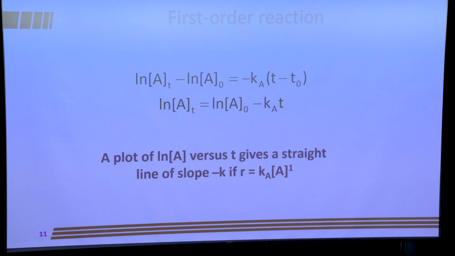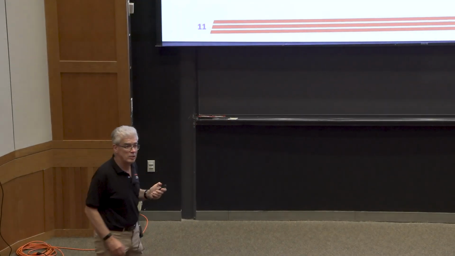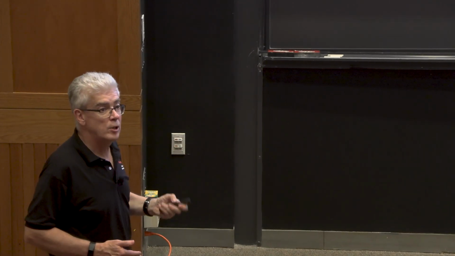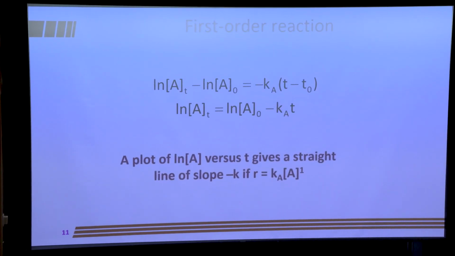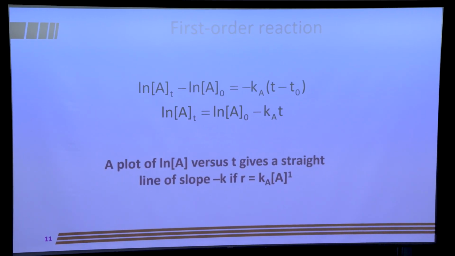In other words, if a species obeys first-order kinetics, if we draw a graph of log of its concentration at any time versus time, we should get a straight line, the slope of which is minus the rate constant, and the y-intercept is log of A at time 0.